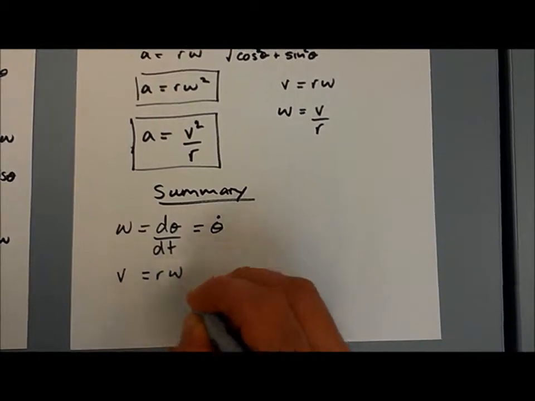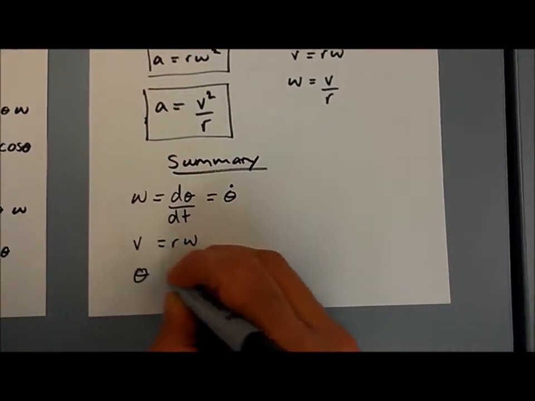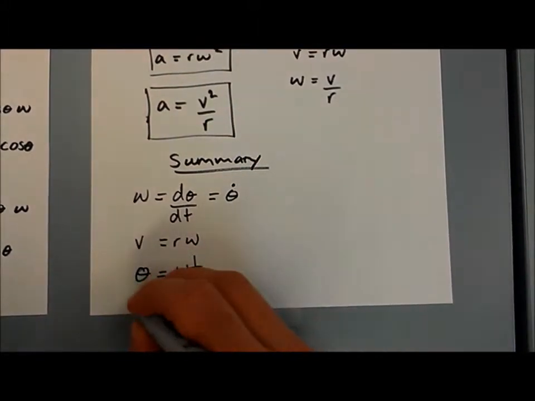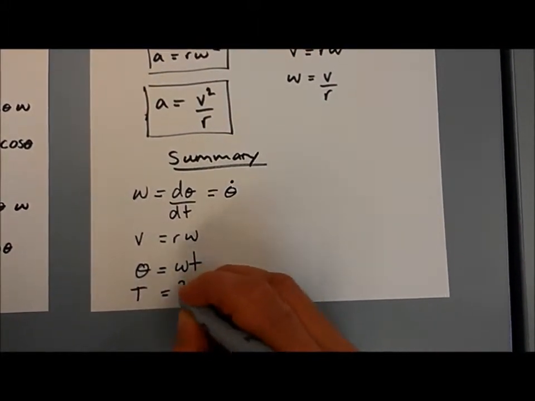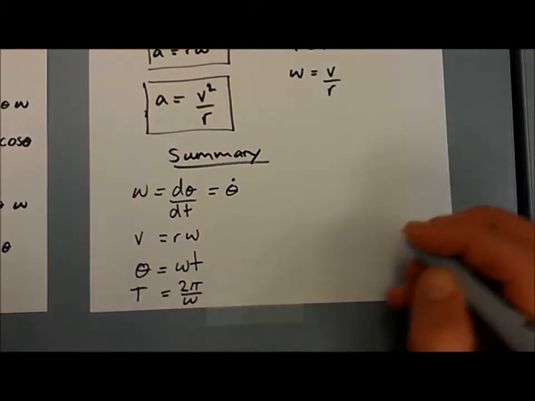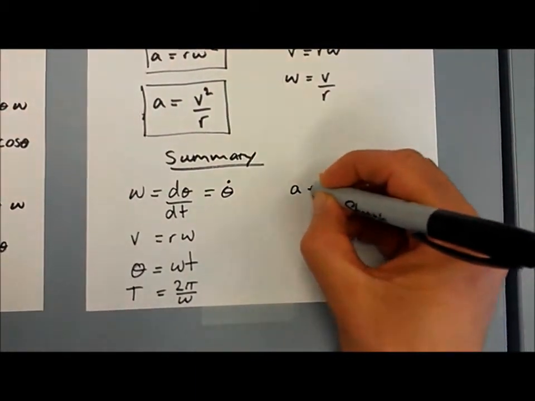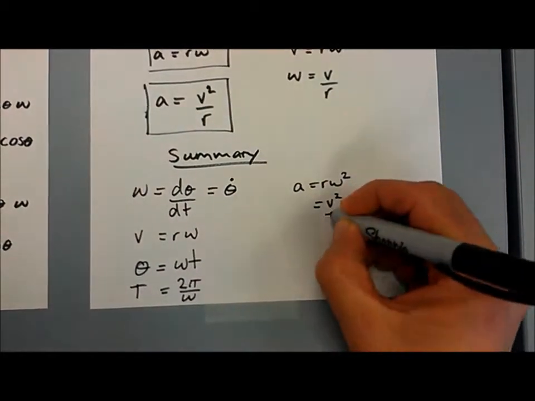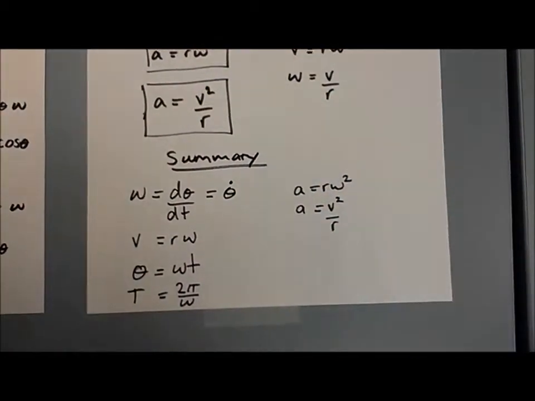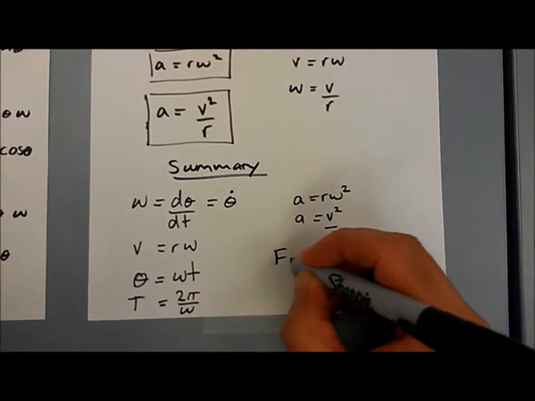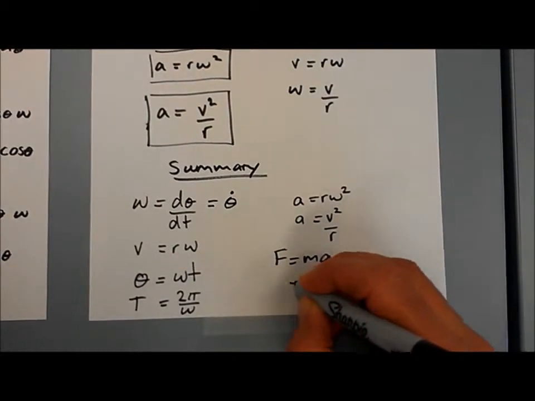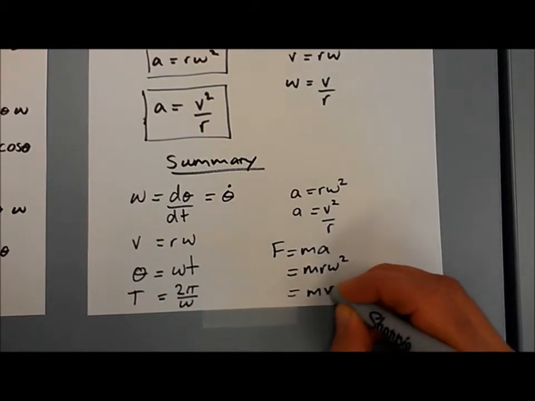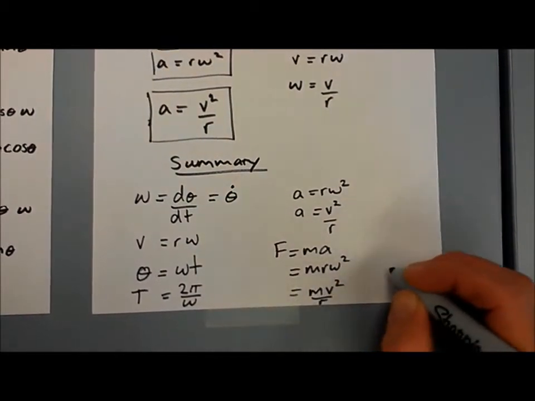Velocity, r omega, theta equal to omega times time, period, 2 pi on omega, and then for acceleration, r omega squared, and v squared on r. And so when we consider our forces, we'll end up with force equals mass times acceleration. So force will be m r omega squared, or else it'll be m v squared on r for our circular motion.